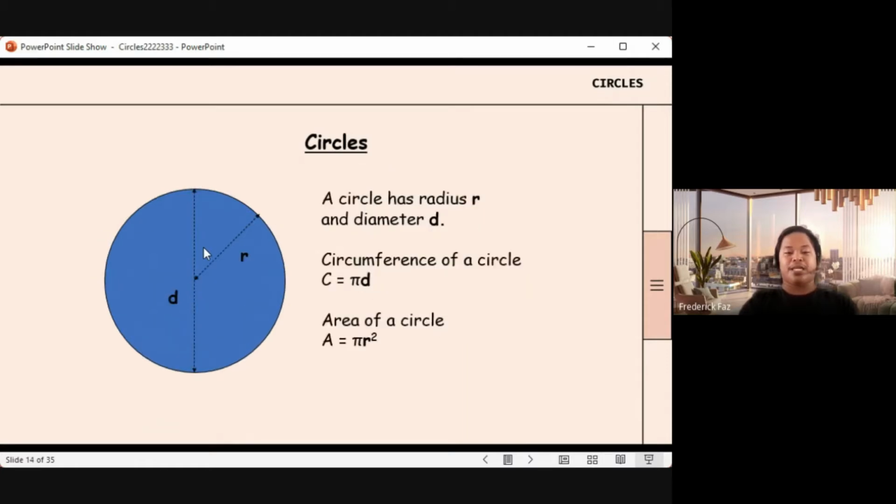So, yan po. Then, take note po, a circle has radius r and diameter d sa ating given figure. The circumference of the circle is equal to pi d or 2 pi r, since diameter is equal to 2r, and the area of the circle is equal to pi r squared.